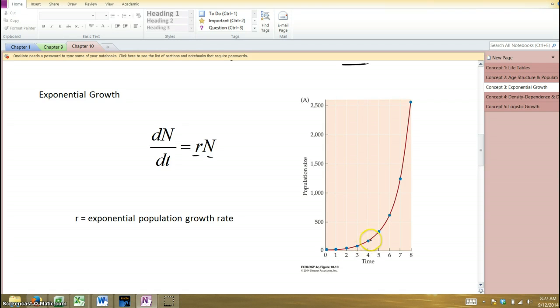And so it will lead to this nice, smooth, upward sloping curve that we think of and know of as exponential growth.